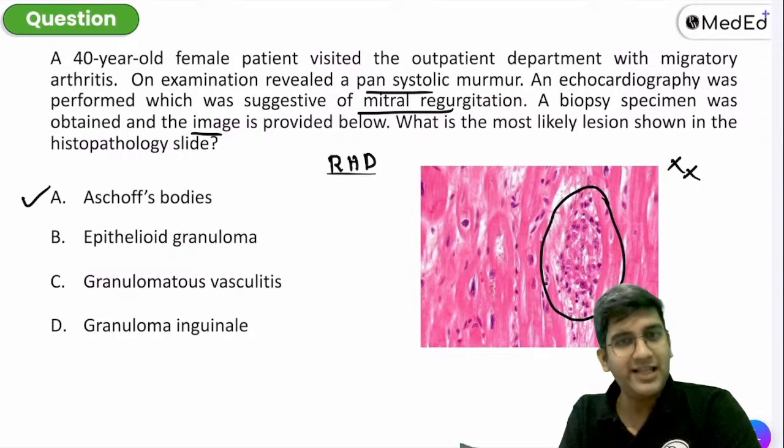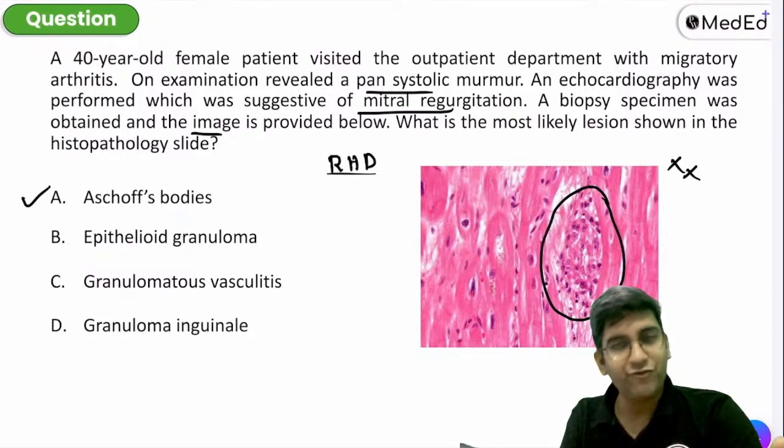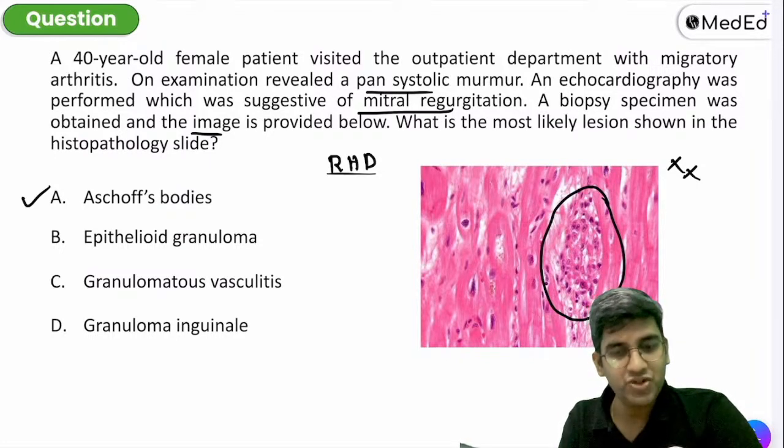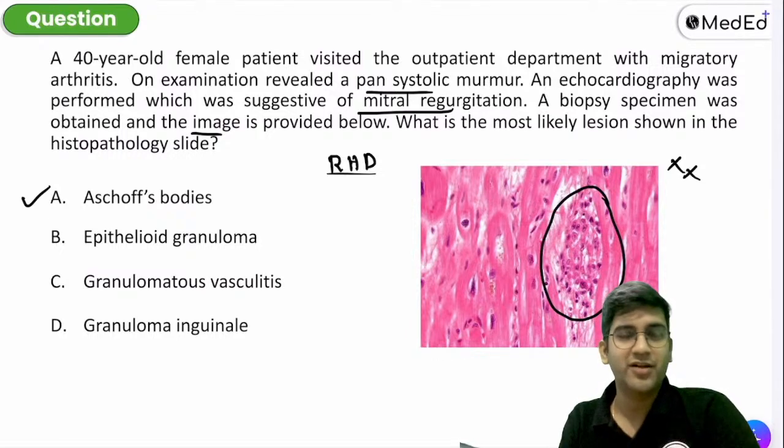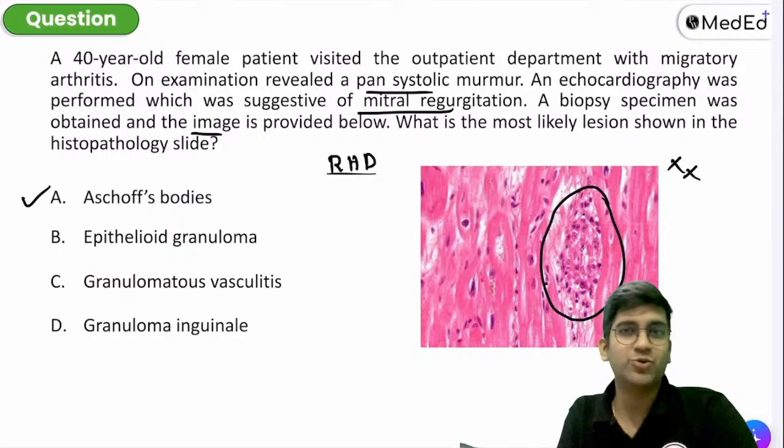So AIIMS or INICET being difficult is only in the head, right? Every exam will ask questions based on the diseases which are present in the book. That's all. FMGE, NEET PG, INICET, USMLE, PLAB, American exam, any exam. Remember one thing, no one in our country is capable of creating a new disease. If they were capable of creating a new disease, they wouldn't be creating MCQs.